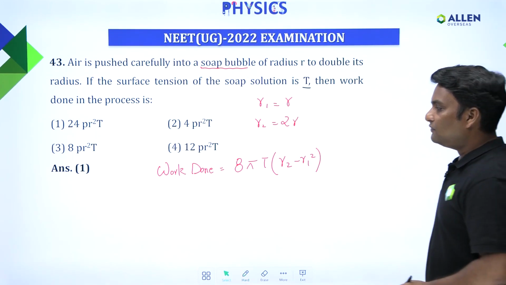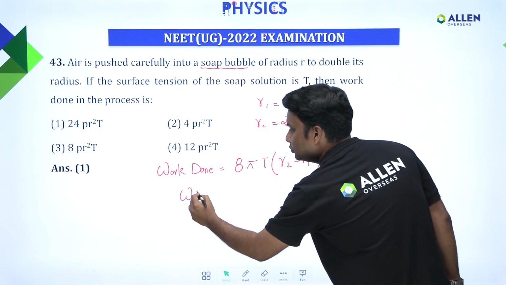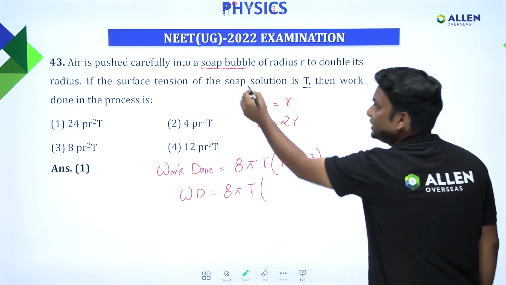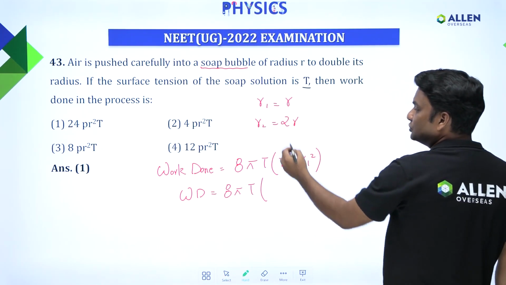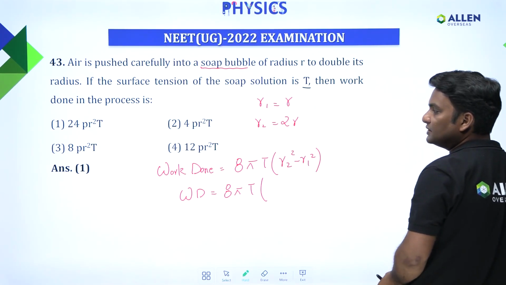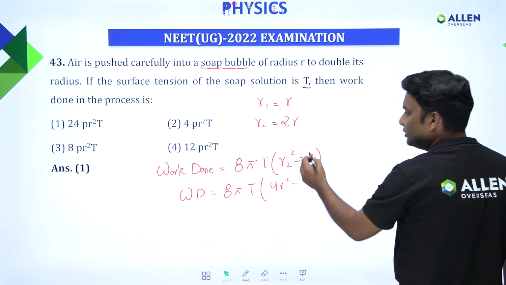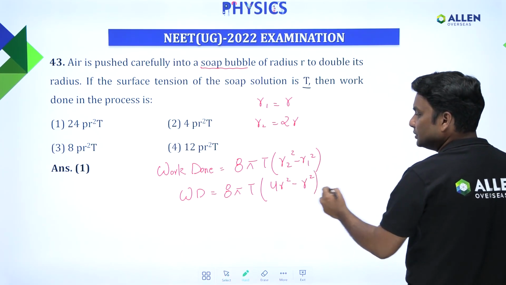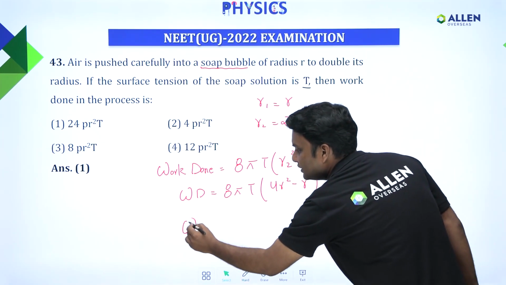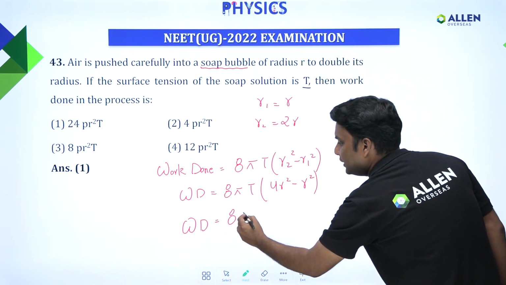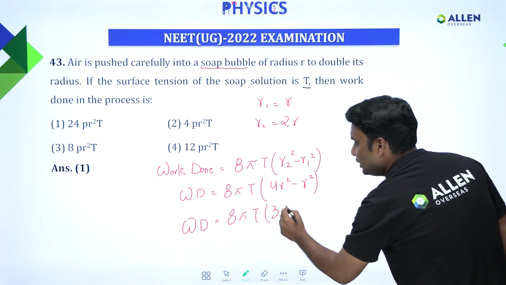So based on this, we can say work done is going to be equal to 8 pi T. T is the tension that is already given in the question. So here it is going to be R2 square minus R1 square. R2 square is going to become 4R square, and R1 square is going to be R square. So finally we can say work done is going to be equal to 8 pi T into 3R square.